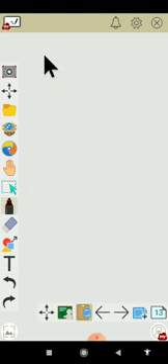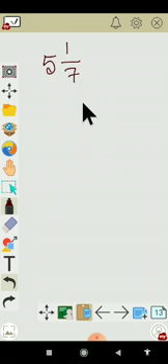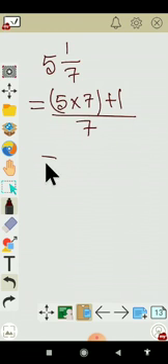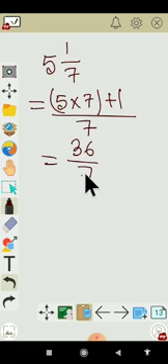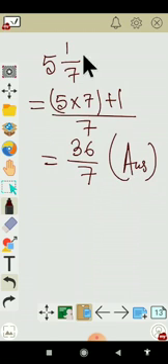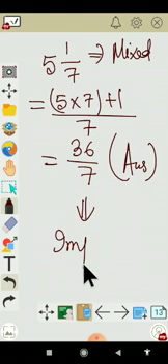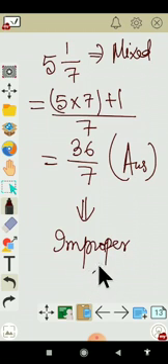Suppose the mixed fraction 5 1 by 7, we can convert this into 36 by 7. This is mixed, and this one is improper. So we have converted a mixed fraction into an improper fraction.